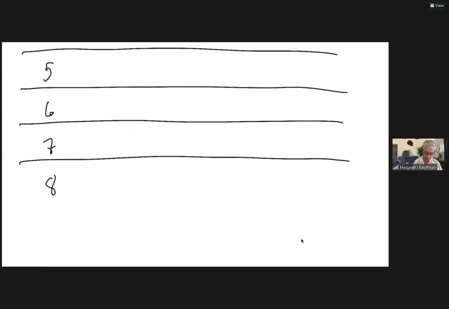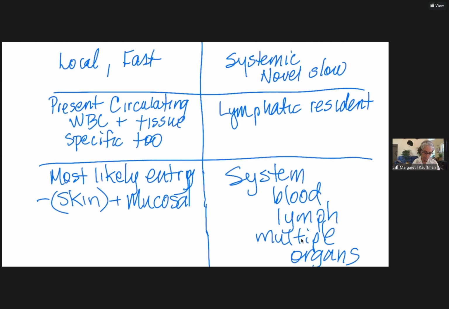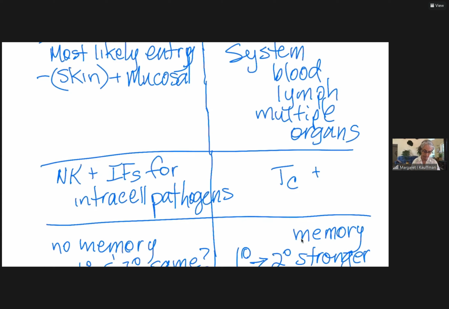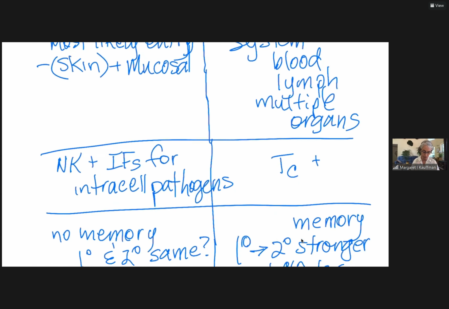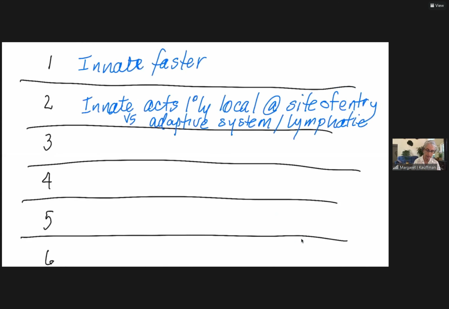So let's see what else we have down here: where they are, who's faster, where they act mostly. And then we do have tools for intracellular, but the intracellular is different. Now, what we mean by intracellular pathogens aren't always bacteria, viruses, fungi.